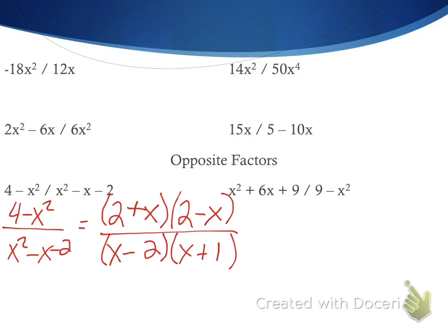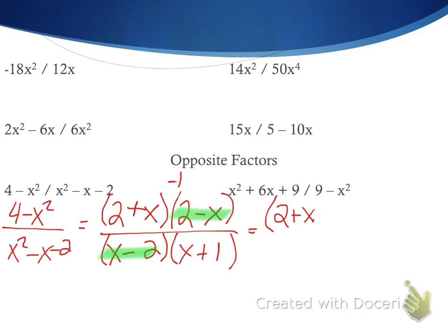So when I do it this way, these terms are almost exactly alike. They're opposites of each other. On the bottom I have a negative 2, on the top I have a positive 2. On the bottom I have a positive x, on top I have a negative x. And so what I'm going to do is factor out a negative 1 from this top parentheses only. Then I'll be left with the same thing on the top and bottom.